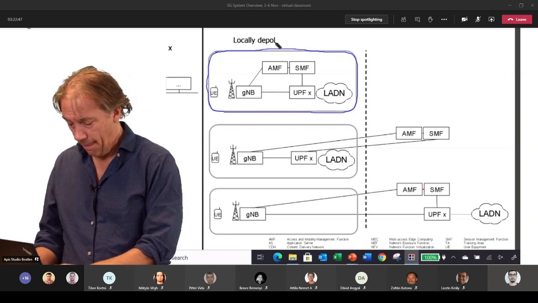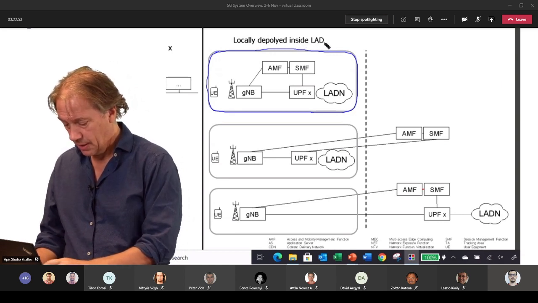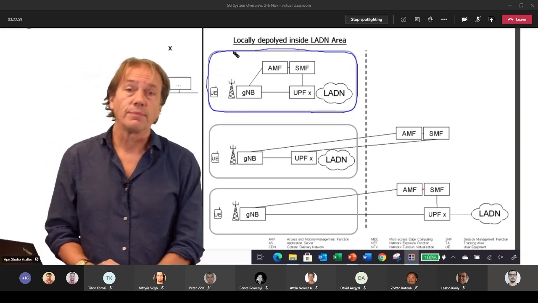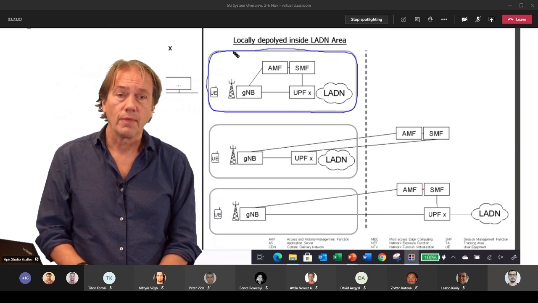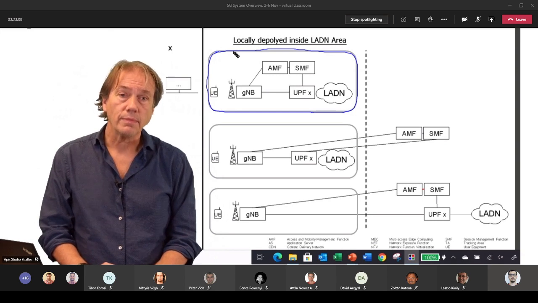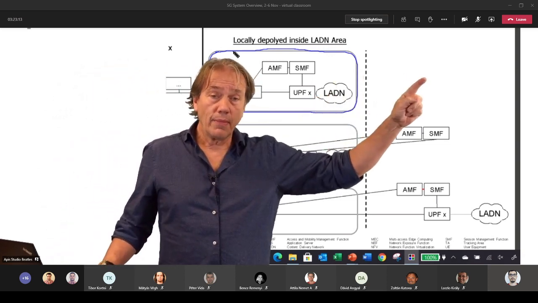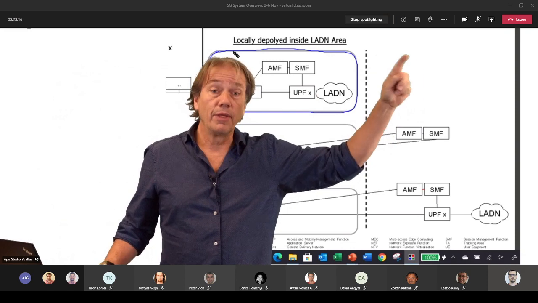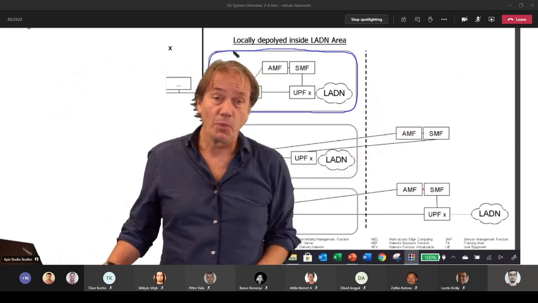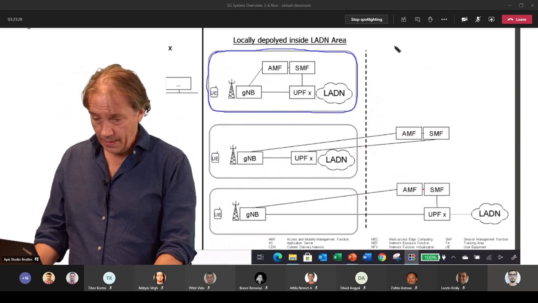Locally deployed inside the LADN area. Over here, yeah, this is somewhere else, but in this first example, there is nothing somewhere else. Everything is inside here, but we can write the title here.